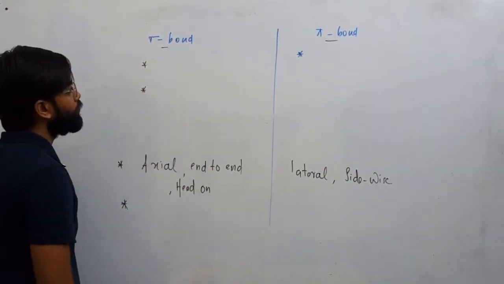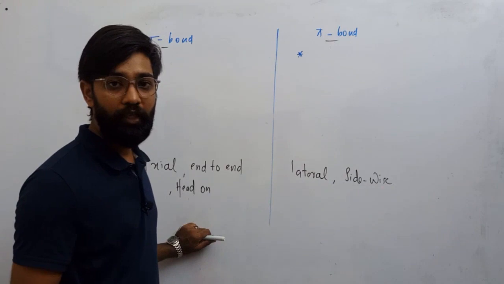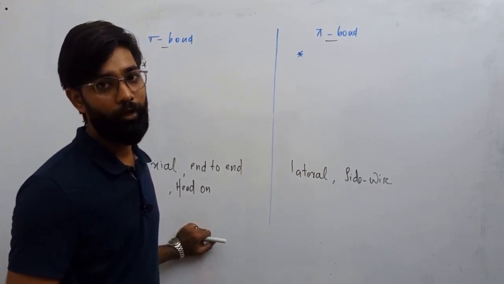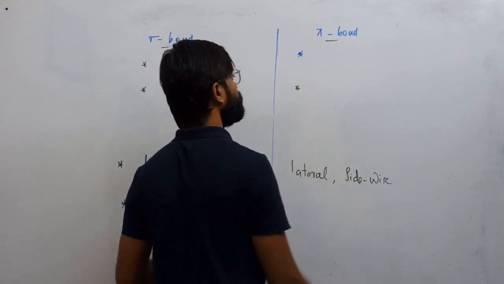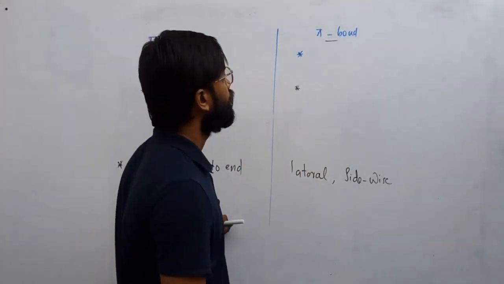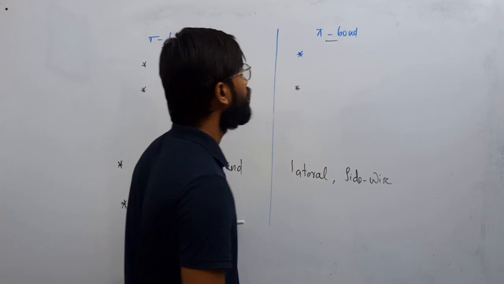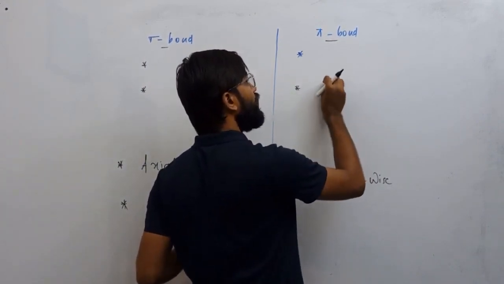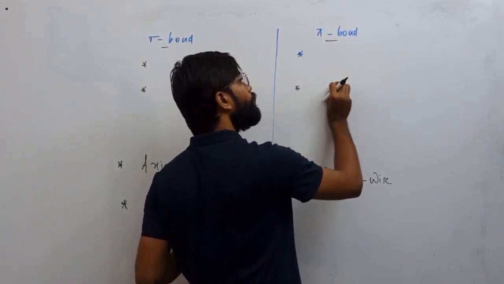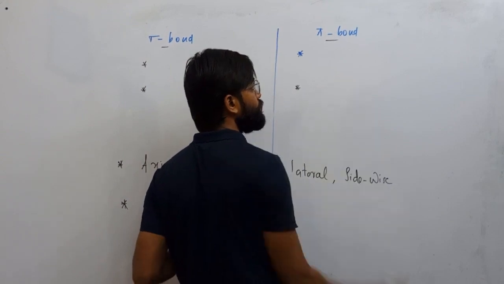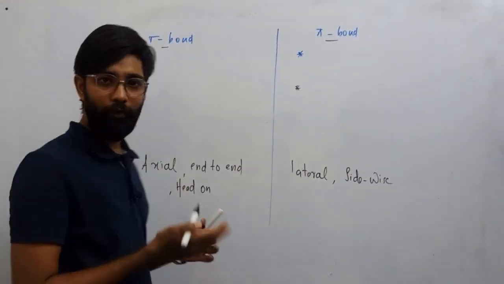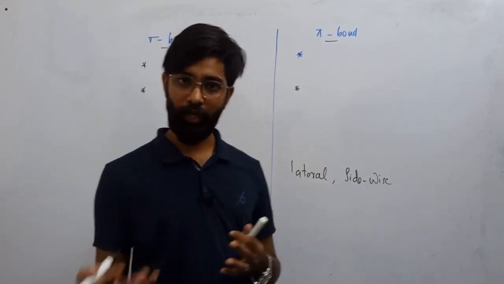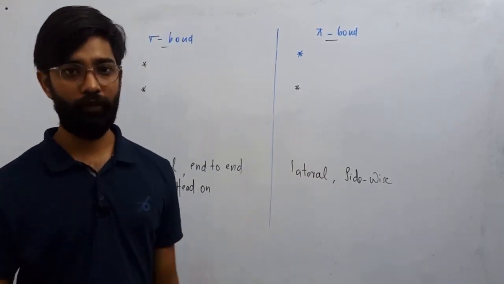Okay. The next point: hybrid orbitals can form what? Sigma bond. Here, unhybridized or pure atomic orbitals can also form a sigma bond. Actually, a sigma bond can be formed by the overlapping between two atomic orbitals, or two hybrid orbitals, or an atomic orbital and a hybrid orbital.